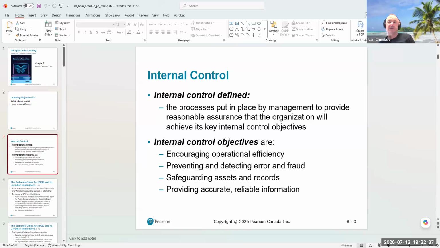Now let's see the internal control objectives. That's the objective of the company, but what are the internal control objectives? The first is encouraging efficiency in our operations. What does that mean? We need to be efficient.